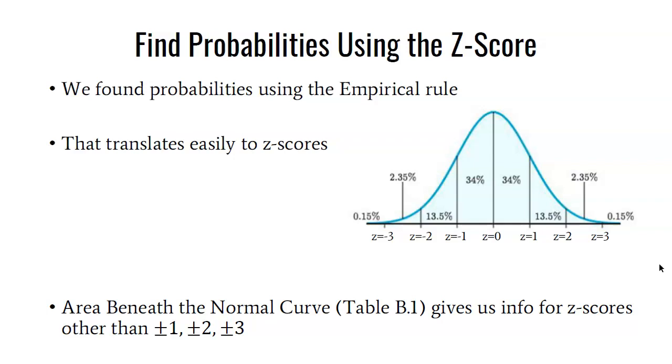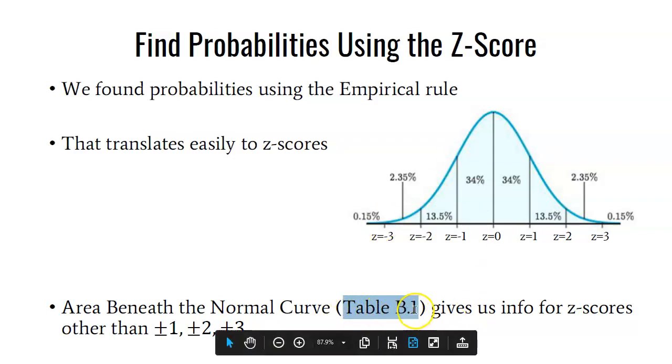A major thing we're going to be doing for the next little while is finding probabilities using the z-score. We've already started this by using the empirical rule. Remember, that's the 68, 95, 99.7. This actually translates pretty easily into the z-score. The only tricky thing is you're going to have to get to know this table, B1, pretty well.